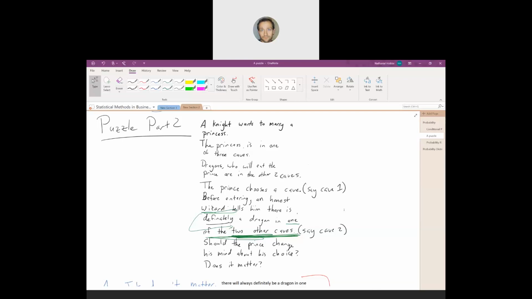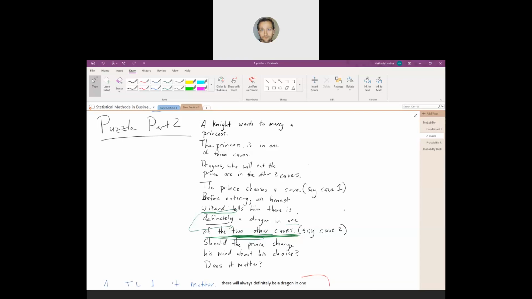Well, in the second one, I guess he picks a cave, and then the wizard tells him that there's a dragon in one, say cave two if you picked cave one. So then after that, he could either stay with cave one or switch to cave three. Right. Okay.